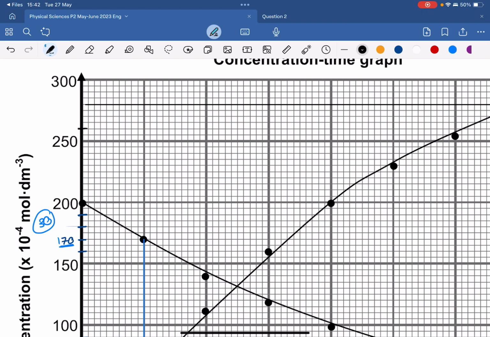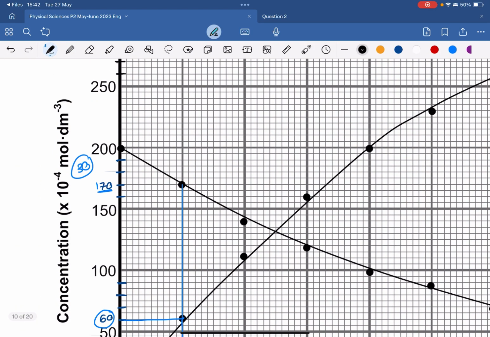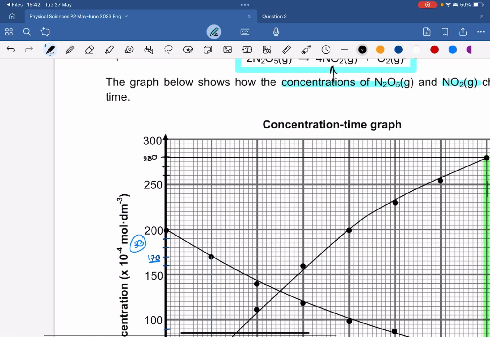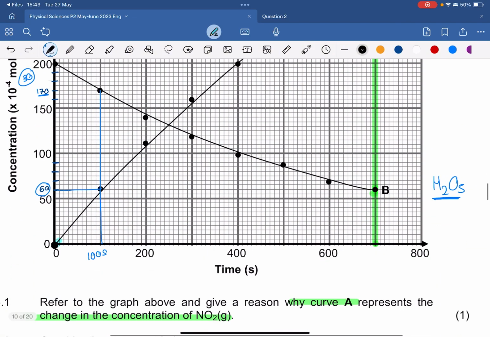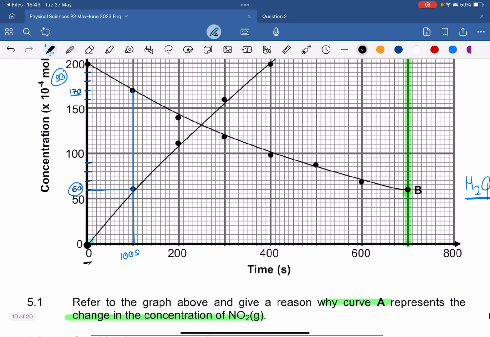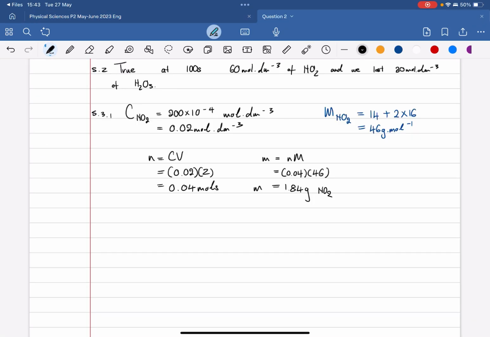So this will be 260, this will be 270, this will be 280. So we've got 280. Remember, it is times 10 to the minus 4 moles per decimeter cubed. That's the concentration of the NO2 that is formed in 700 seconds. Initially we had 0, and after 700 seconds, we had 280 times 10 to the minus 4. So let's use that.